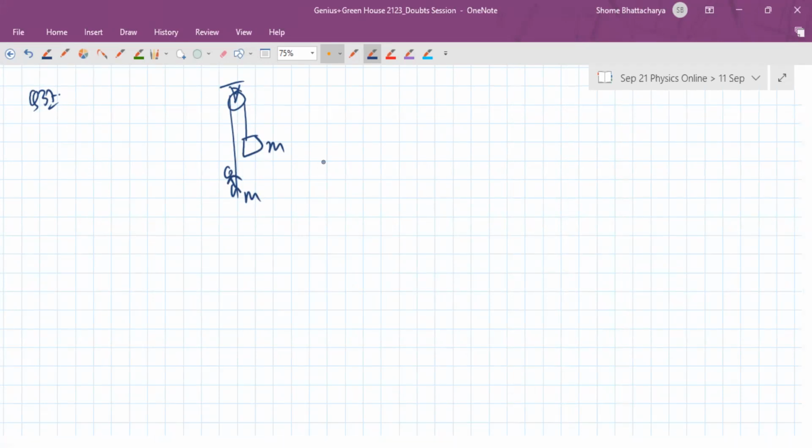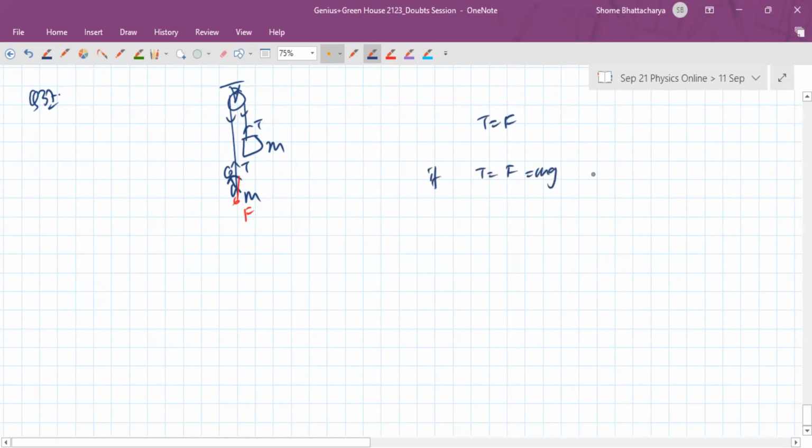But if the monkey pulls the rope down with a force F, the tension in the rope becomes equal to F. So if F is equal to mg, then both the monkey and the block remain at rest.